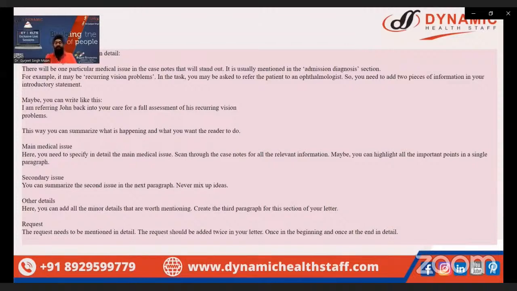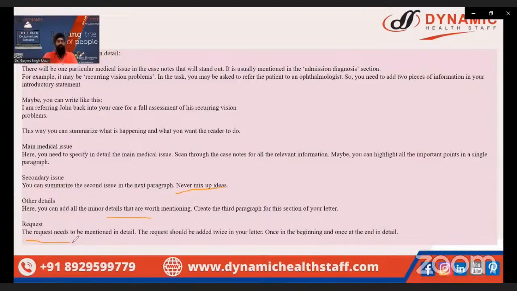For example, if their social history is impacting their current medical situation. And one more thing, this point is very important, guys: never mix the ideas. If you mix the ideas, it makes the reader so confused. And mention the minor details if they are worth mentioning.